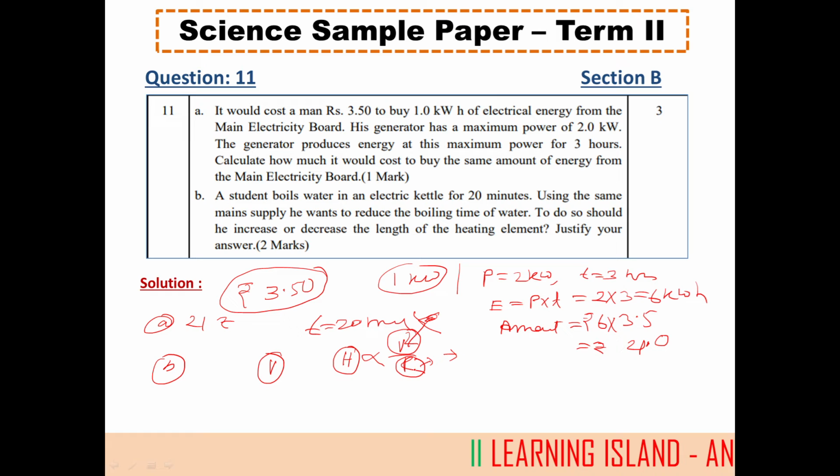So to increase the heat, we need to reduce the resistance. To reduce the resistance, we need to decrease the length. If we decrease the length of the wire, the resistance will reduce. So by reducing the length of the wire used in the electric oven, we can make it hot, or make the water boil in less time.